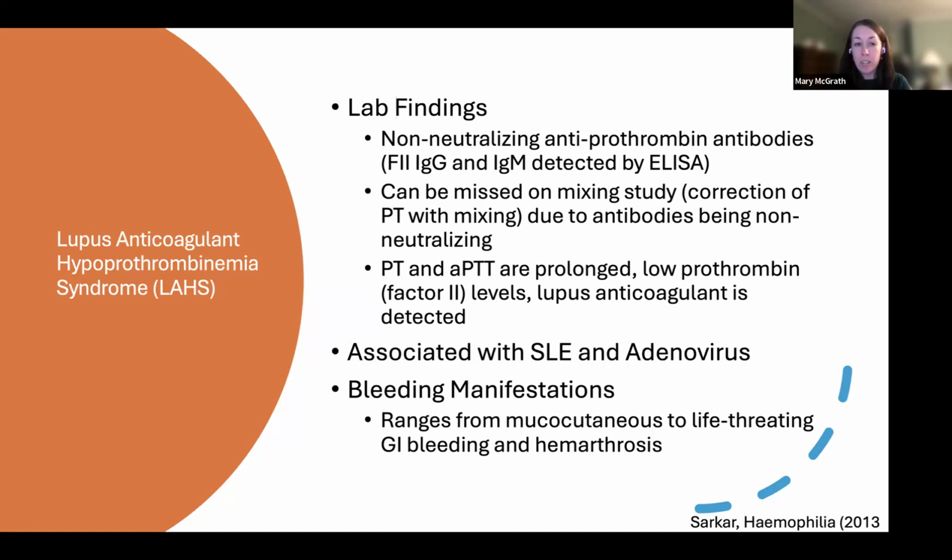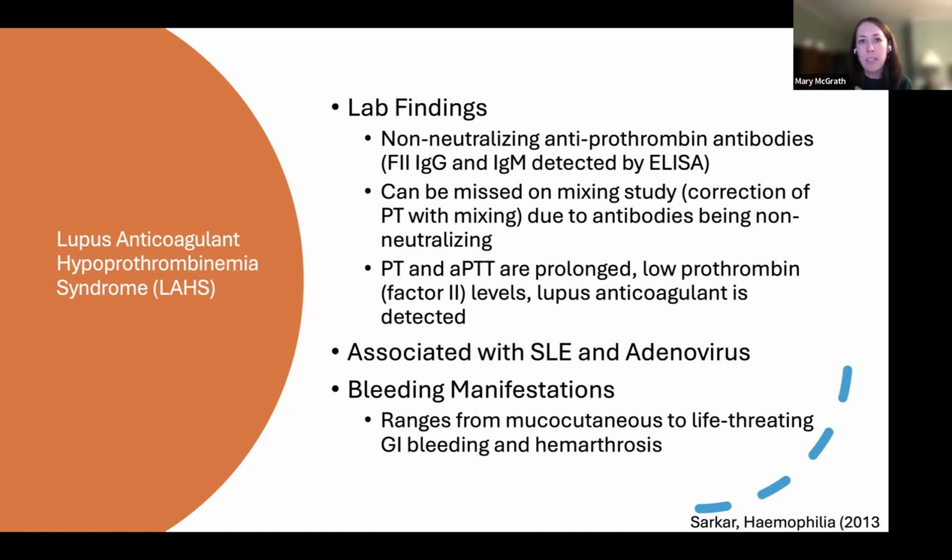As I mentioned, LAHS is typically associated with newly diagnosed lupus, but has also been reported following adenovirus infections as well. The typical presentation is a sudden onset of bleeding, which can be anywhere from mild mucocutaneous bleeding to GI hemorrhage and hemarthrosis.